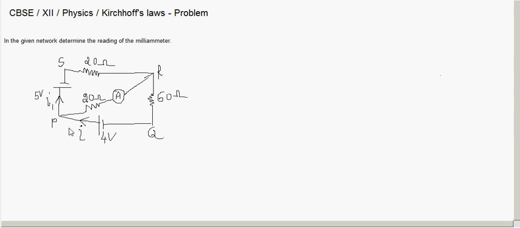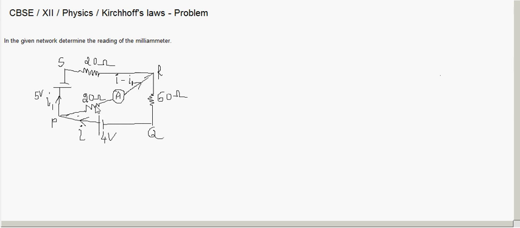According to KCL, Kirchhoff's current law, the current through this branch will be I minus I1. So the ammeter will read the current I minus I1. We need to find out what is I minus I1.